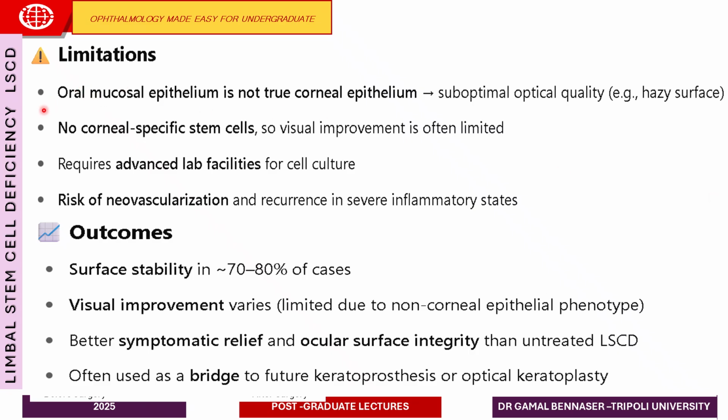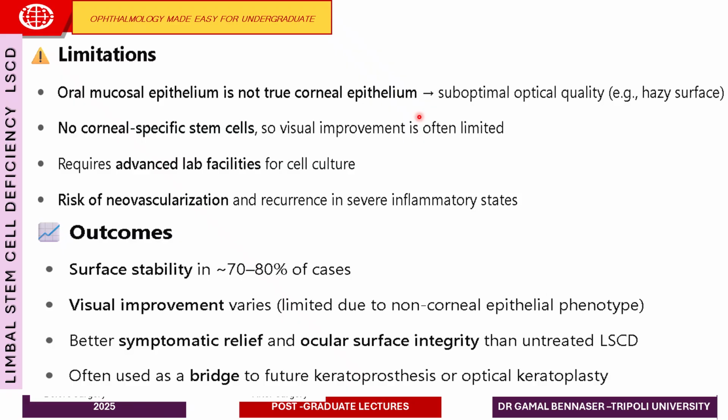Now the limitation is that the oral mucosal epithelium is not true corneal epithelium. This is very important. So it is not ideal and there is suboptimal optical quality. The vision will vary depending on the patient's situation. We cannot guarantee a clear cornea because there will be some hazy surface, because this buccal epithelium is not ideal as corneal epithelium.